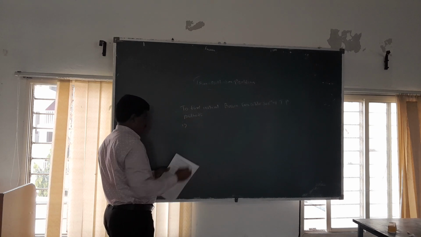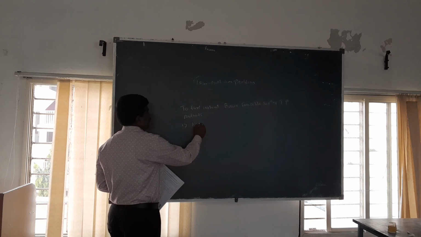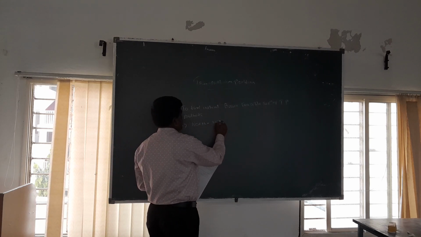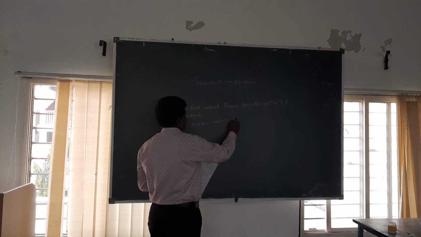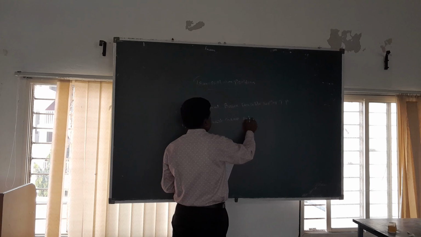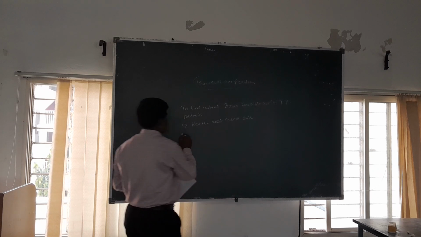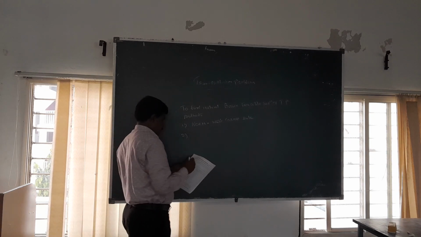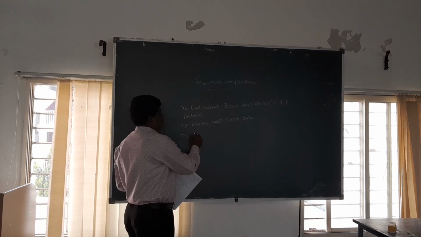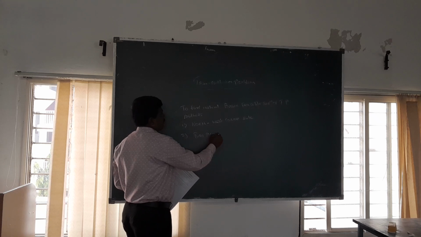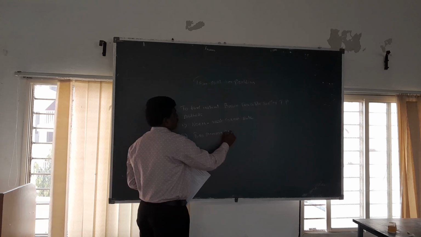First, north west corner rule. Second, row minima method. Third, column minima method.